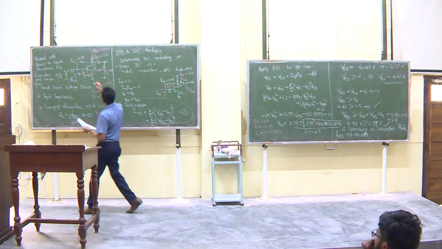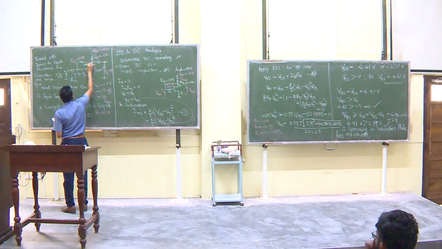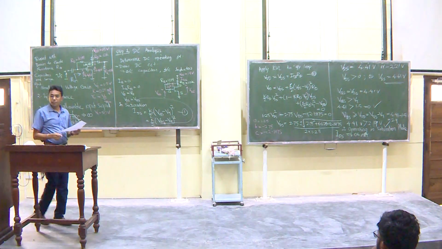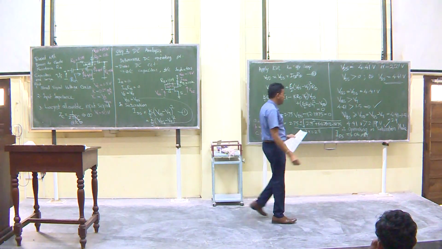So, this current IDS is 1.06, roughly 1 milliampere, right. So, you can assume that to be 1 milliampere roughly.